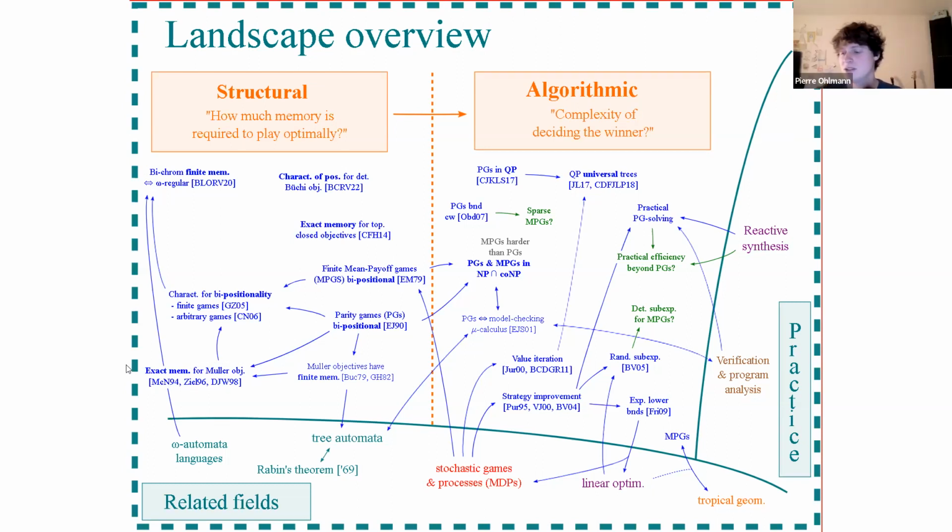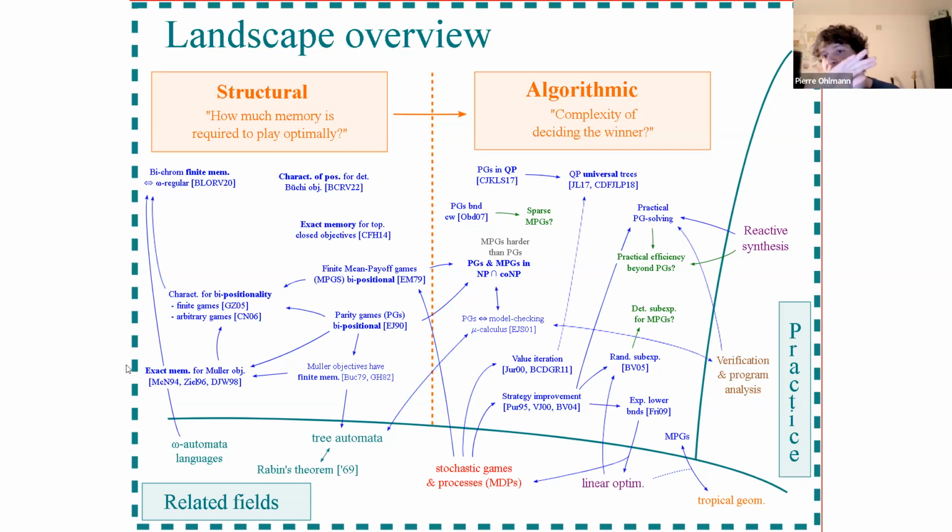You fix a finite set of colors, and you fix a family of subsets of your set of colors, and you say that you win if the set of colors occurring infinitely often is in this list. Exactly.